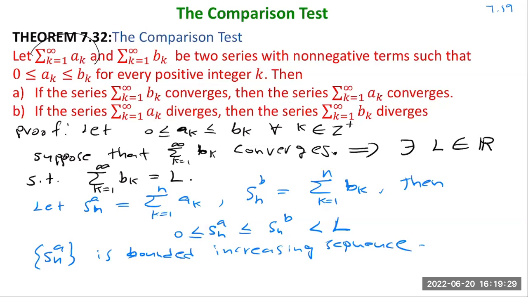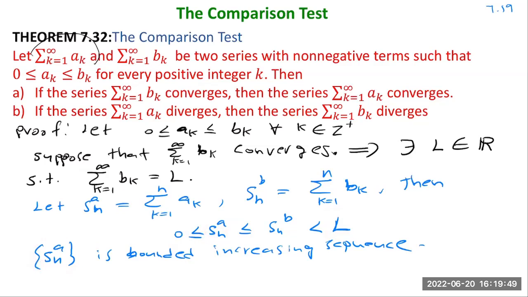Would you agree with me? It's bounded clearly because for any n, this partial sum is greater than or equal to 0. It is bounded below by 0. And of course, it is bounded above by L because this partial sum is less than L for any n. So this sequence of partial sums is bounded.